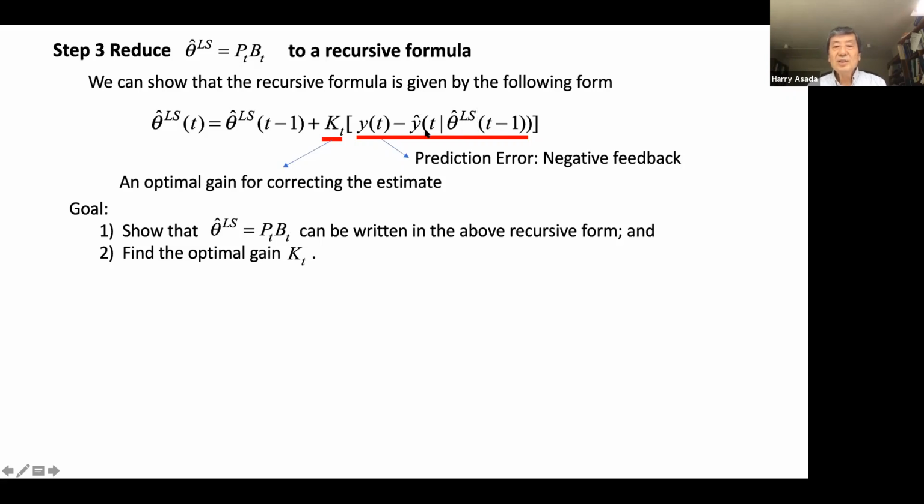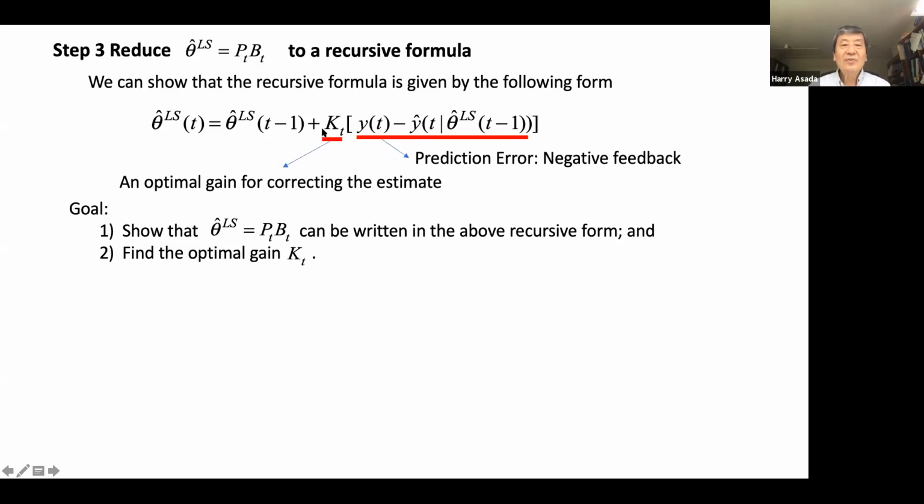So we create the predictions y hat based on this parameter value, and then make a comparison against the actual measured one. So this is the prediction error, okay? So we do some kind of negative feedback to this estimate with this gain K_t.